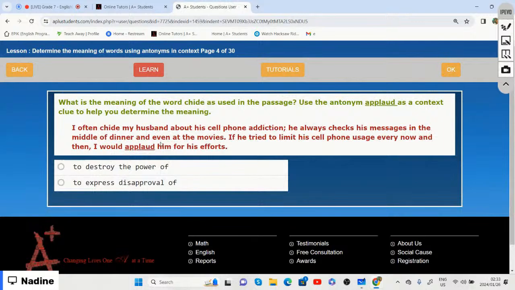So what is the meaning of the word chide as used within the passage? We need to use the antonym applaud as a context clue to help you determine the meaning.